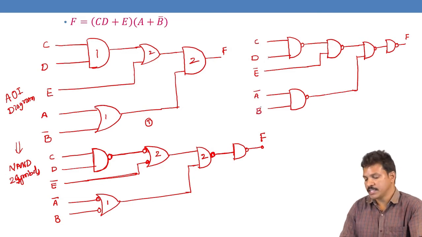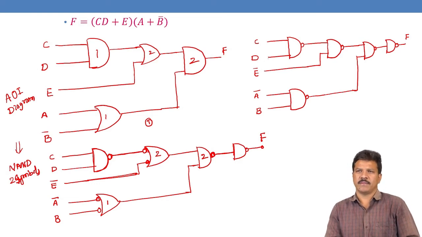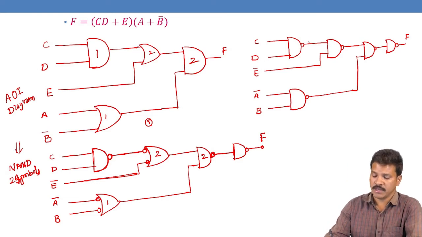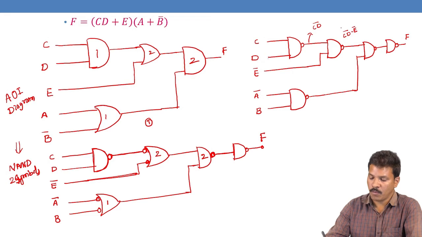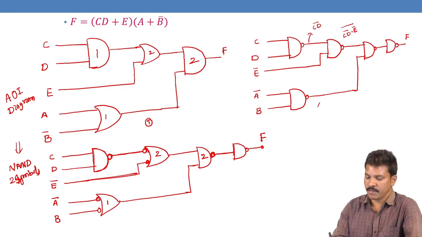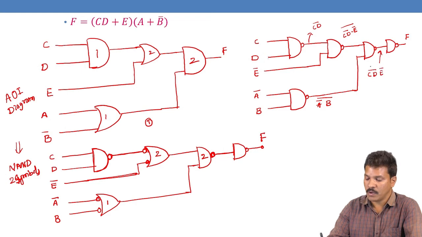So when we check this expression using De Morgan's theorem, the output of this one is CD whole bar, and this one is CD bar into E bar whole bar, and this one is A bar B whole bar, and this one is an AND operation of these two expressions: CD whole bar, E bar whole bar, dot A bar B whole bar.